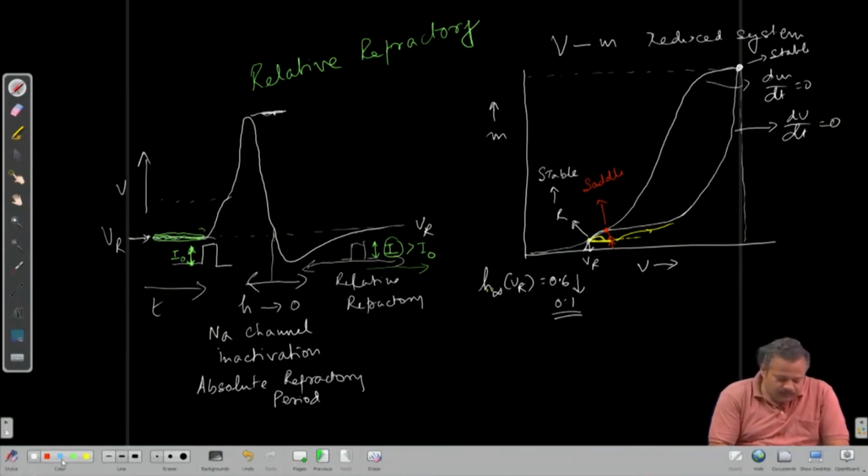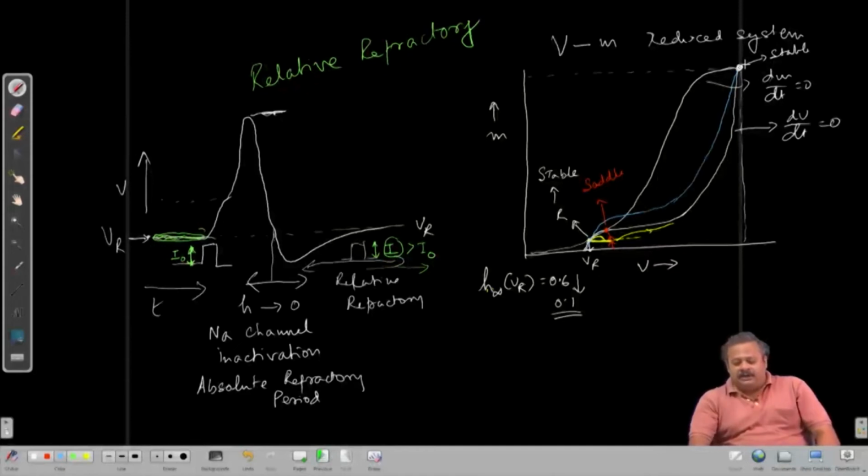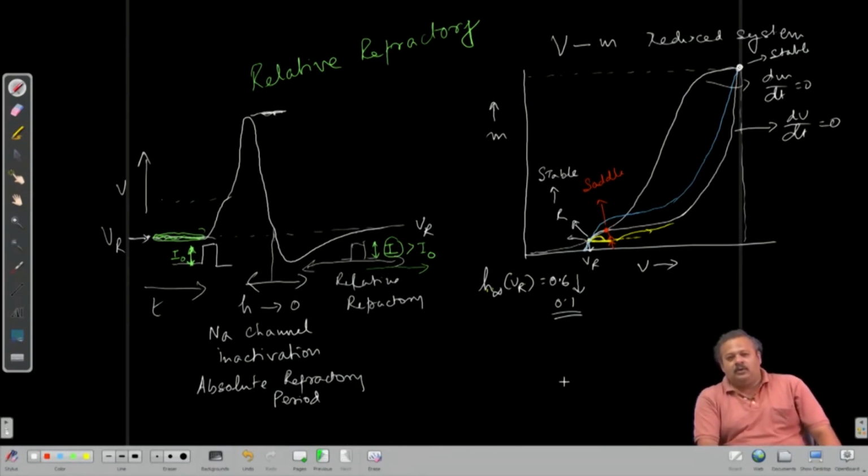So we have the resting membrane potential, or this stable node, almost at the same place, whereas the saddle node shifts and is still a saddle at a higher voltage.